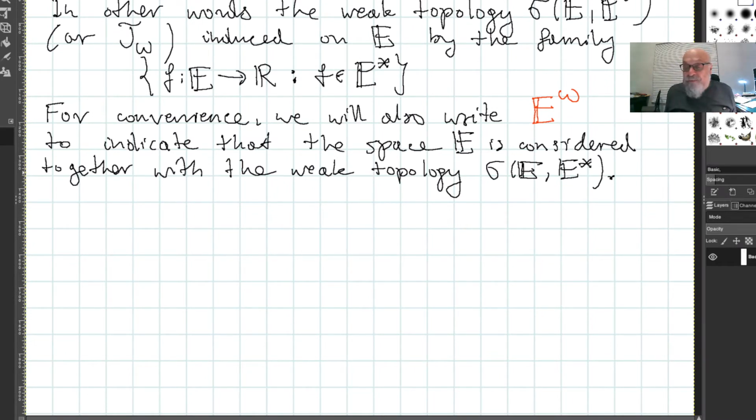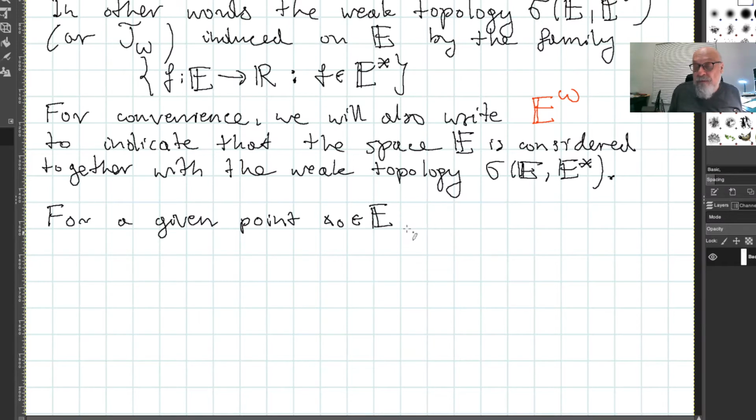And of course, I should also indicate a couple of important things, mainly for a given point x naught belonging to E, we have the following basic neighborhoods.